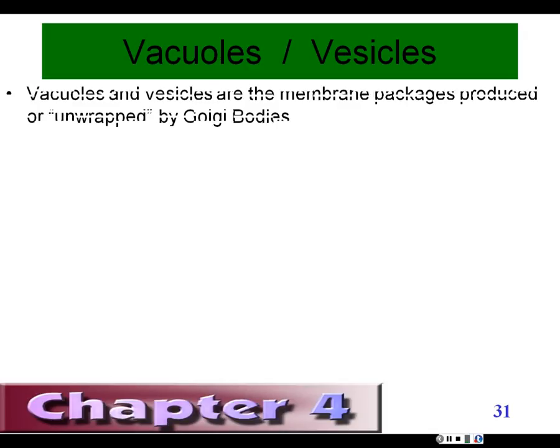All righty, so then the vacuoles and the vesicles. We know that these are just simply membrane packages, okay? And usually the Golgi body is going to be responsible for unwrapping things that are coming into the cell and packaging things that are going outside the cell.